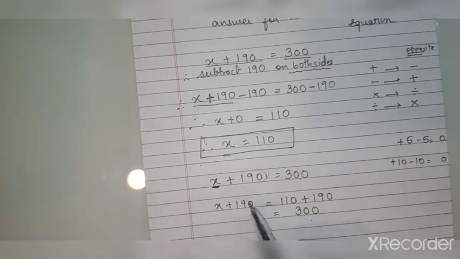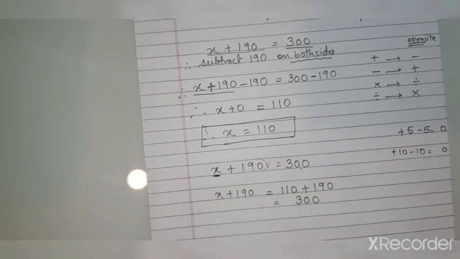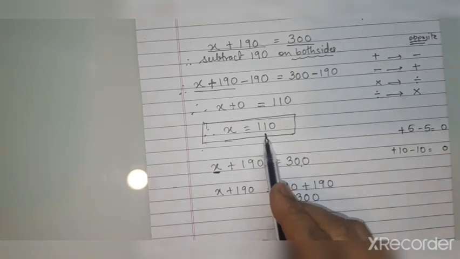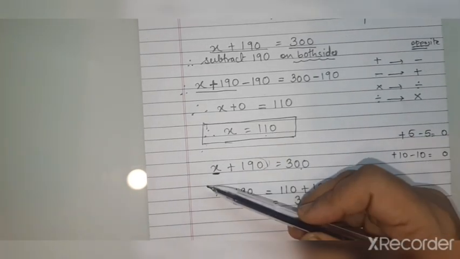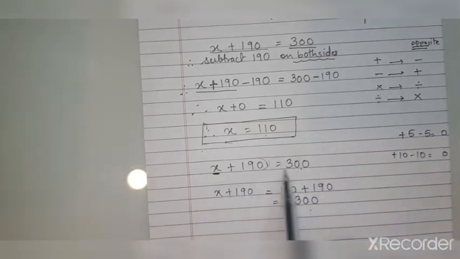So yes, we can agree that this is the correct answer. To check, you just put the value in the equation and see whether both the sides are equal. Yes, 110 when I add it with 190, I'm getting 300. That means the left hand side is equal to the right hand side. Therefore, x equal to 110 is the correct solution to the given equation.